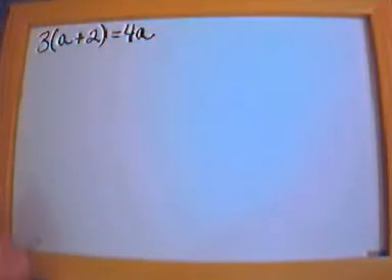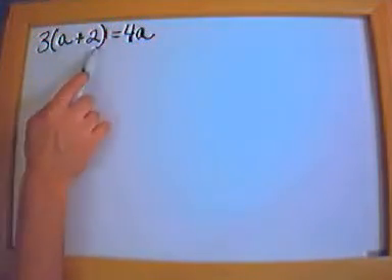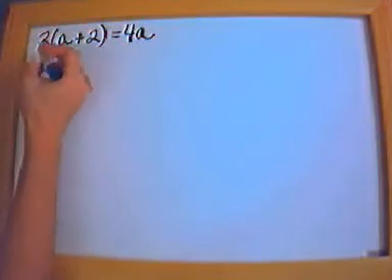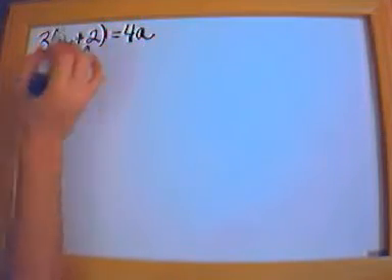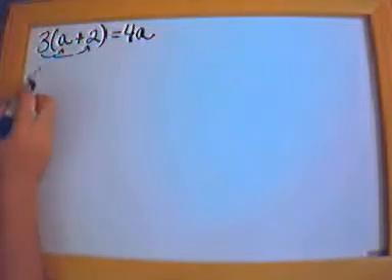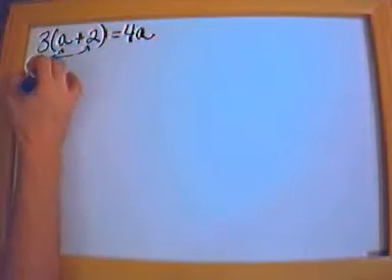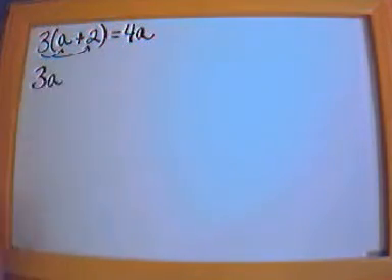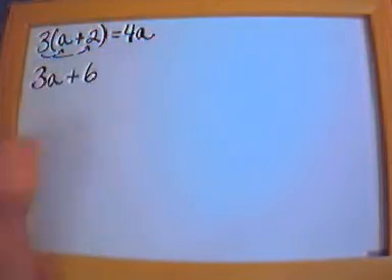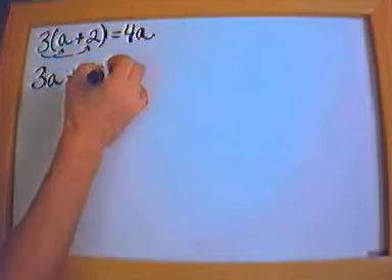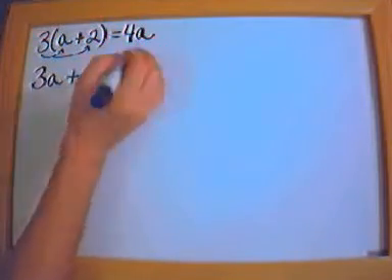The first thing we need to note is that I've got this big parentheses here, and there's no way I'm going to be able to solve for a with this stuff tied up in the parentheses. So I'm going to use my trusty distributive property. I'm going to distribute 3 to there and to there, and I'm going to expand that out. So let's do that. 3 times a is simply 3a. Pretty easy. Plus 3 times 2 is 6. Okay? Equals 4a. I'm not going to change anything on the right hand side yet.